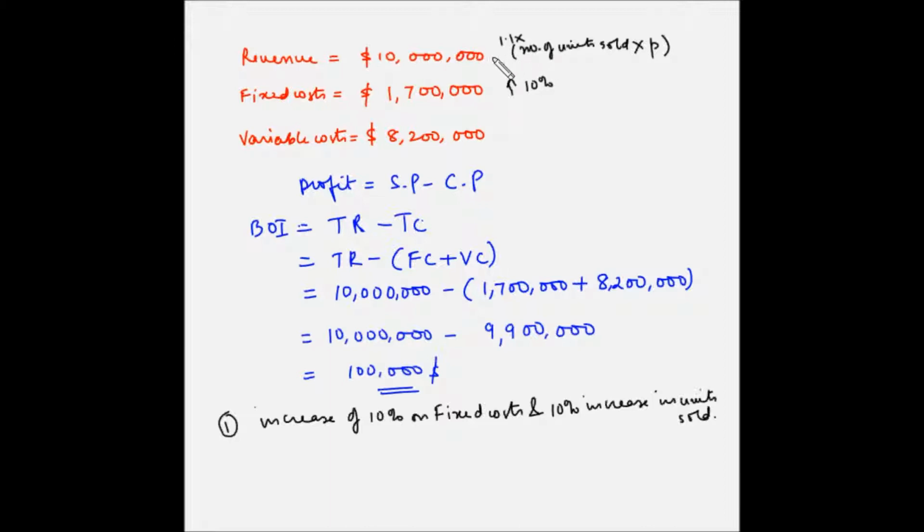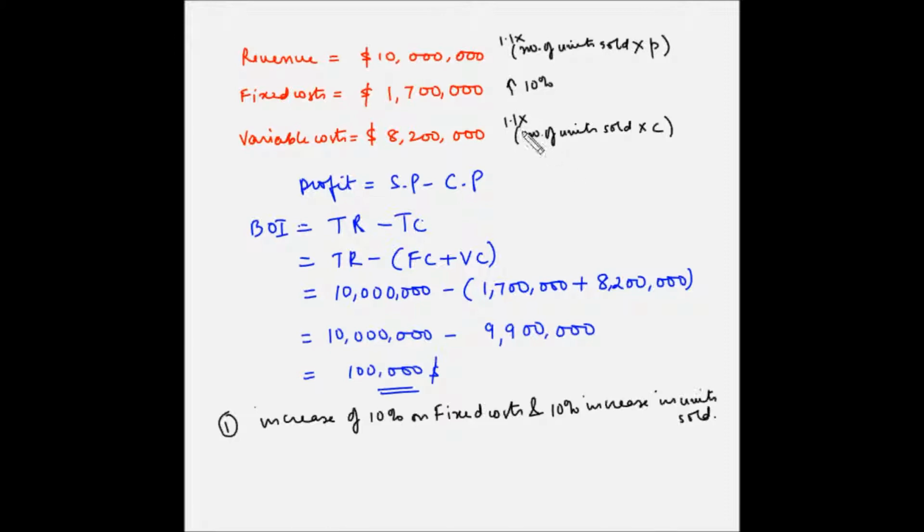So basically the overall revenue increases by 10%. Similarly, the variable cost is the multiplication of number of units sold and the unit cost. And this number of units sold is increasing by 10%. So again, here we have to multiply this by 1.1.